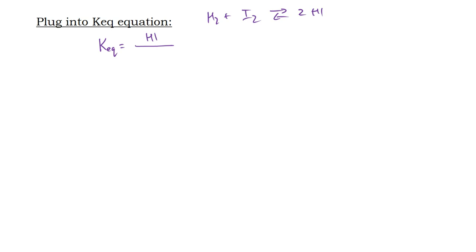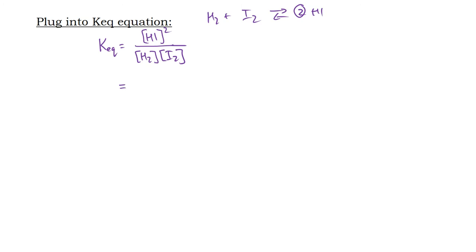So that's your product concentration. Now notice that one has to be squared, divided by my reactants. So hydrogen, H2, no exponent there to worry about, multiplied by iodine. So always write that out first. Now fill in what you know.